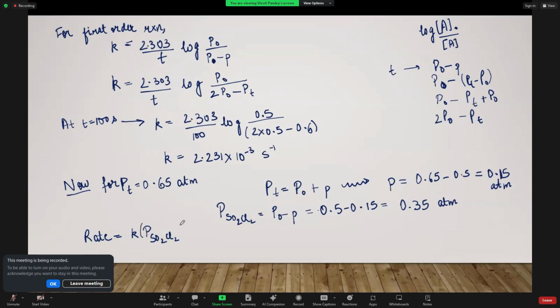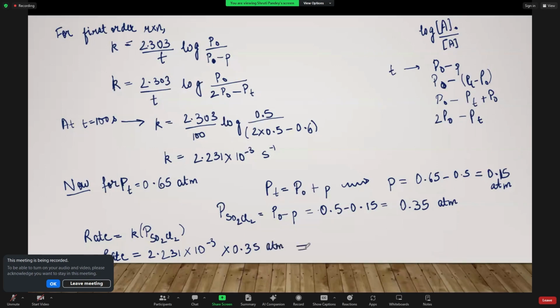So this will be K into the partial pressure. Now you understand why we have calculated all this, right? Why we have calculated the value of small p at that time. So rate will now be equal to, you already have the value of K from the first part of the question multiplied by the partial pressure of SO2Cl2 for this time, 0.35 ATM. Okay, this is ATM.